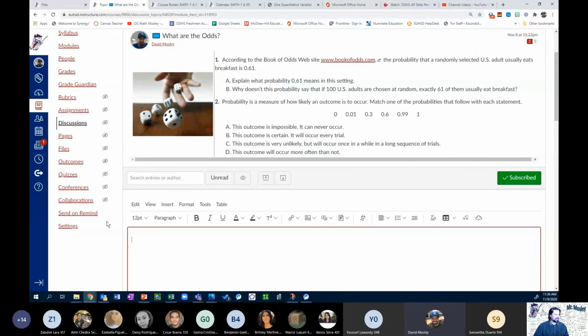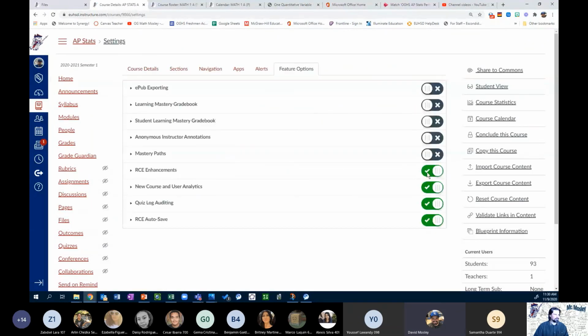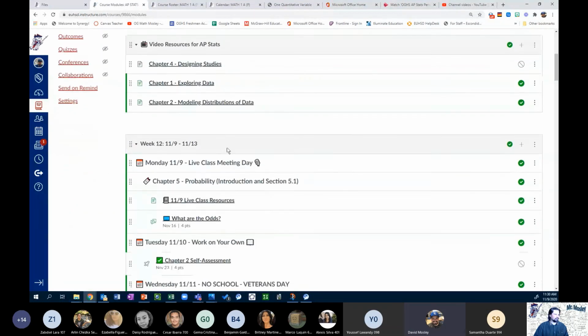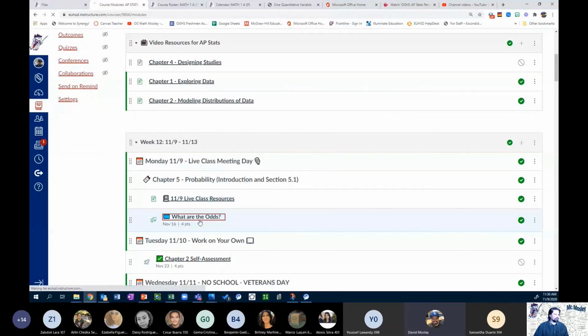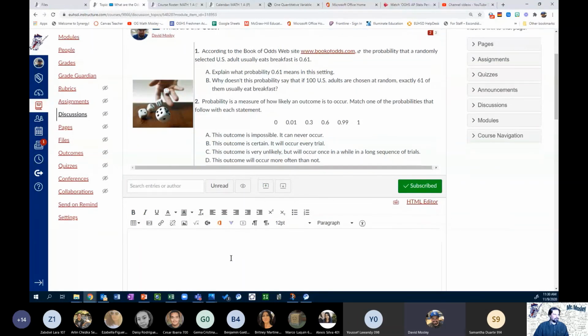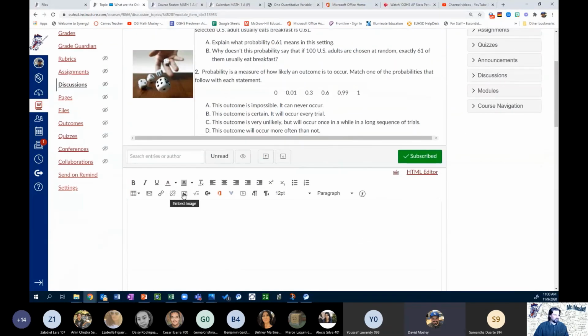If you are using the other editor, which means this is turned off, then the editor looks like this. Most likely the best you can do, right? If you click on here, it's going to ask you for an embed code. That's not going to cooperate.